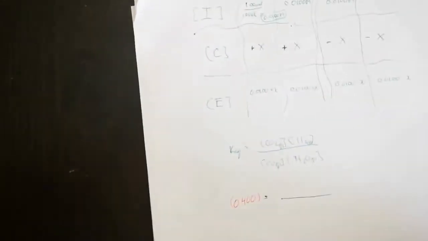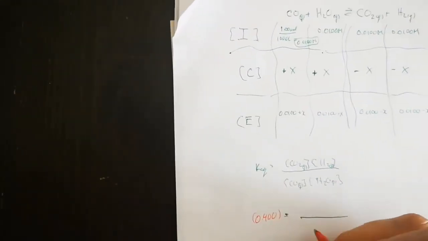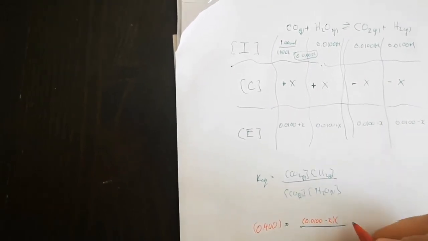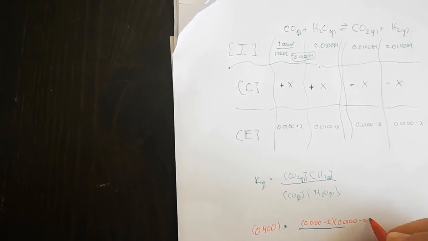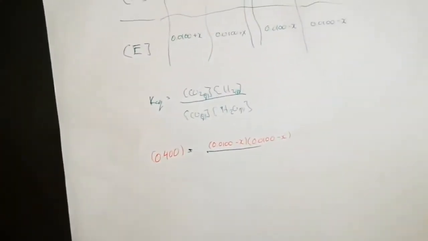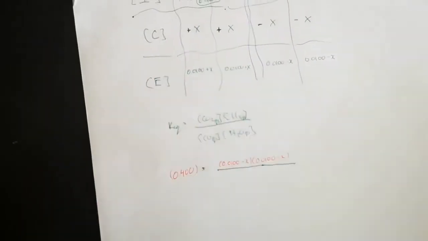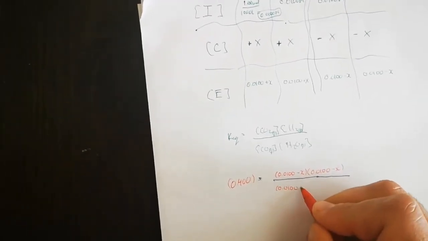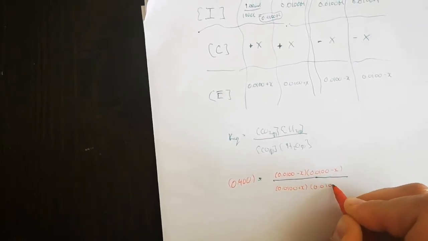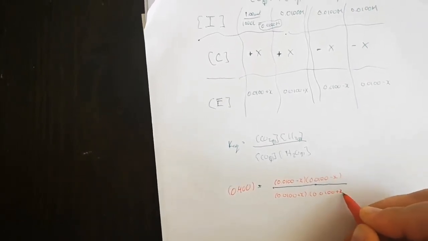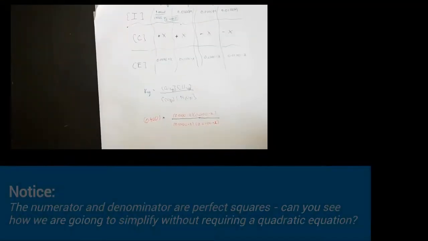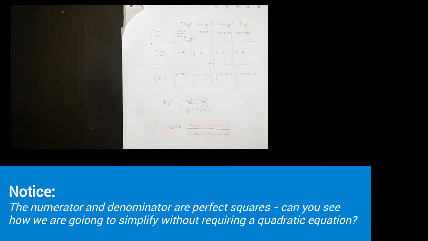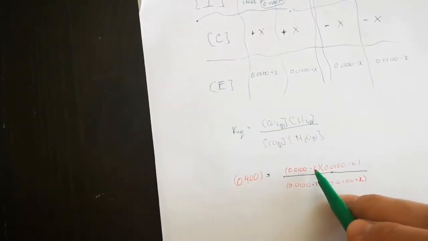We know the concentration of CO2 is 0.0100 minus X. And we know H2 is 0.0100 minus X. Our concentration of our reactants, well, we need to solve for X.